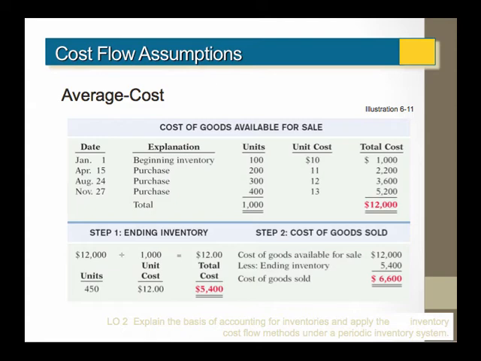Now notice that we're doing this calculation using the periodic inventory method. If we had been doing the perpetual inventory method, we would have to actually recalculate average cost each time the price changes as we purchase inventory over the period.